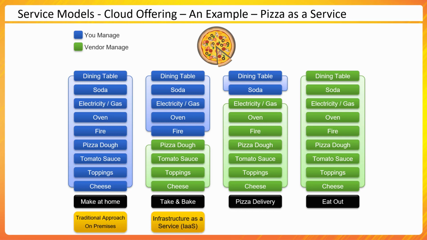Another approach here is infrastructure as a service, where I have leveraged the infrastructure of a service provider and still I am cooking it as per my requirement. Another one is platform as a service. We will relate all these concepts into the cloud world in a minute, but platform as a service is where I'm just getting a pizza delivered and I'm just taking care of basic stuff.